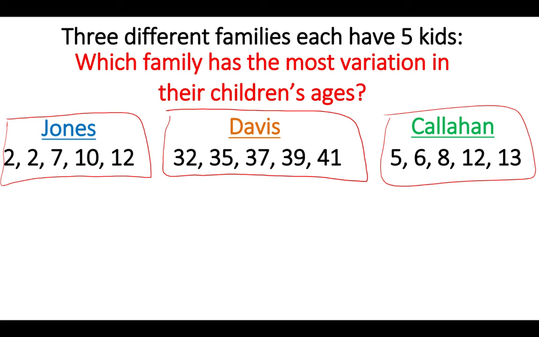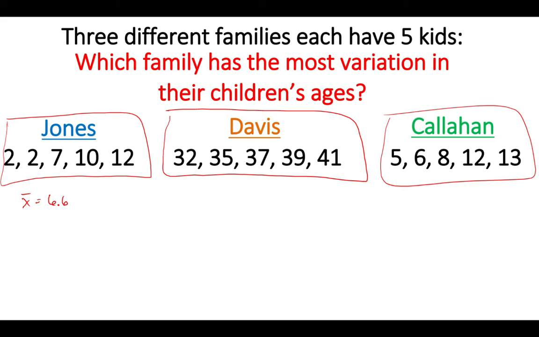So let's go ahead and calculate coefficients of variation for these three families that all have 5 kids. We're going to do the same thing we've done before. We're going to enter the data into our list 1. Make sure that you're clearing out the extra ones. Our last example had 10 data points. These only have 5, so make sure you're deleting out those other 5. When you do so, you'll find that the Jones family has a mean of 6.6.